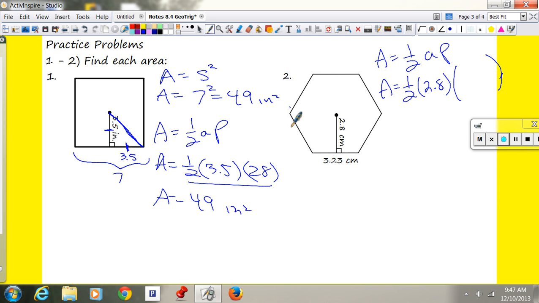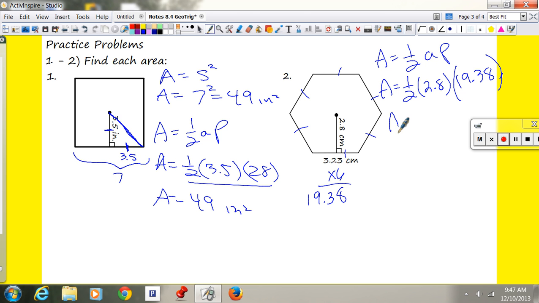And what do we know about this regular hexagon? All 6 sides are equal, so they're all 3.23. If I multiply that by 6, you get 19.38. 19.38 would be your perimeter.